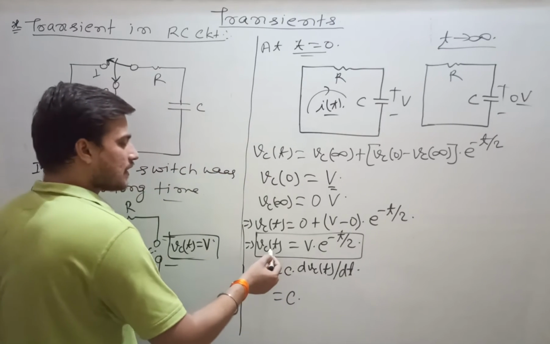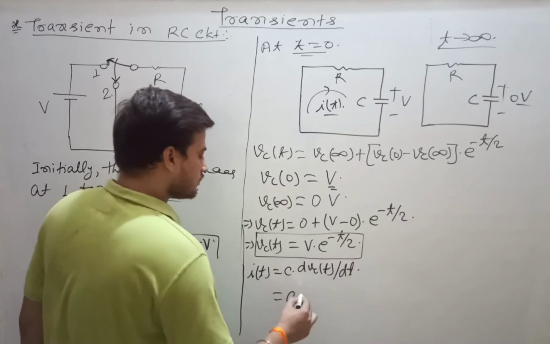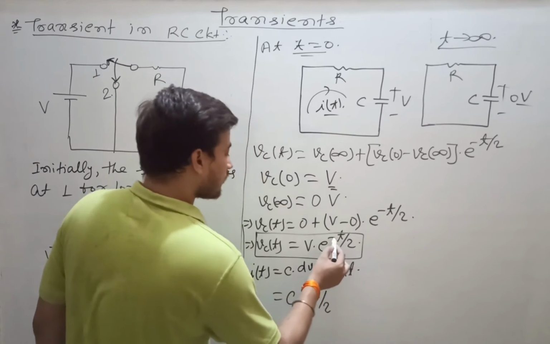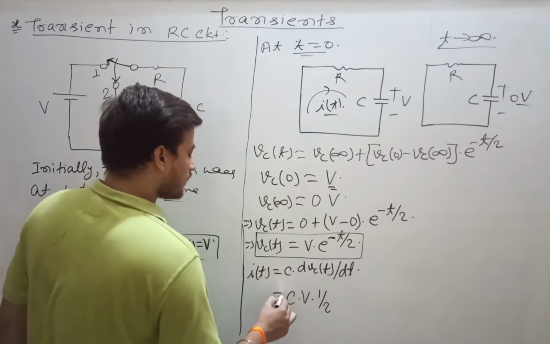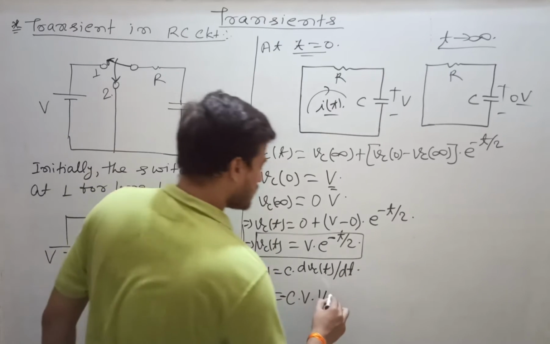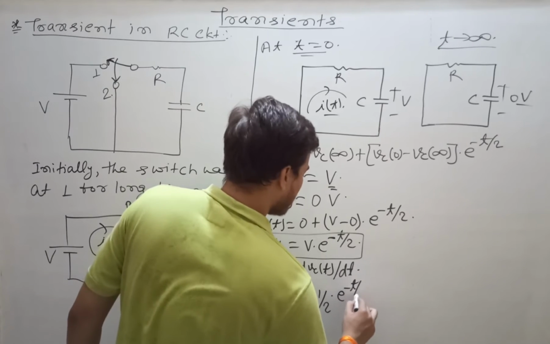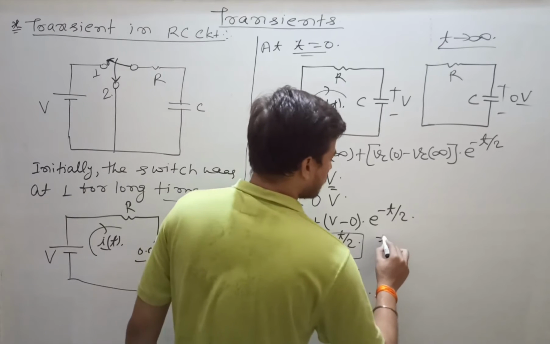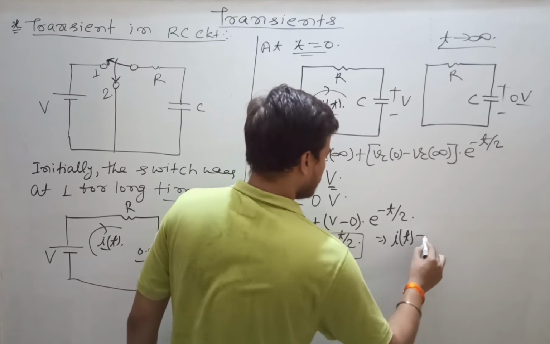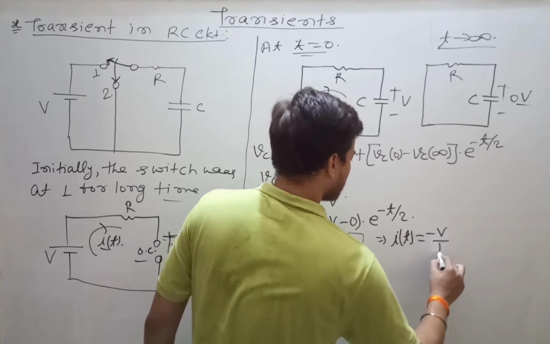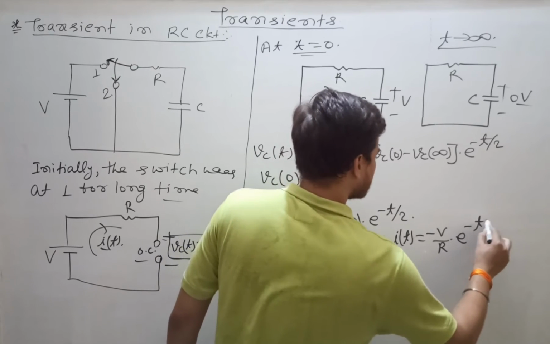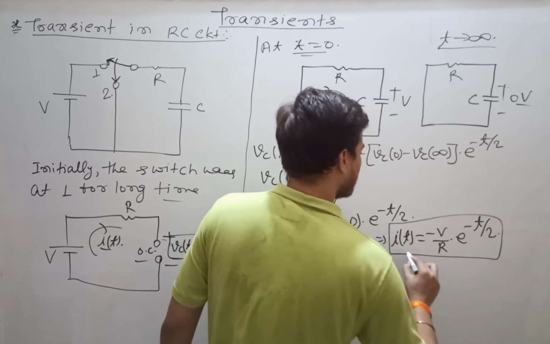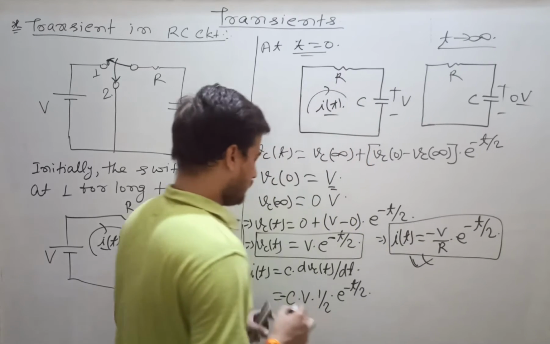If you differentiate this Vc term, V is constant and 1/τ is constant, but because of the negative sign, you will get a negative sign in the expression times e^(−t/τ). Since τ is equal to RC, i(t) is equal to −V/R e^(−t/τ).